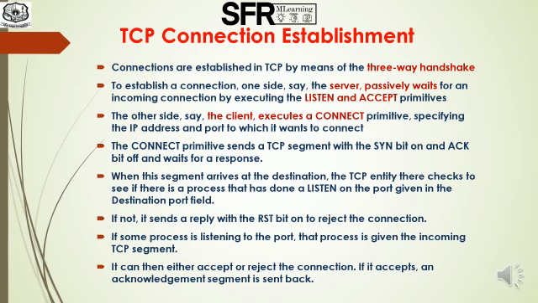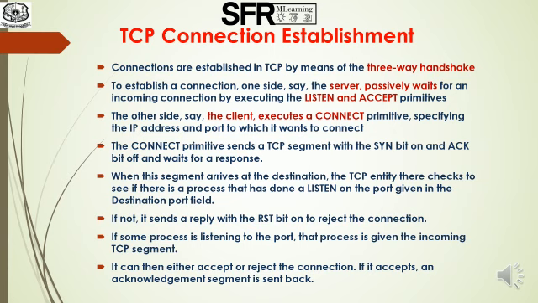When the connect primitive is executed by the client, it sends a TCP segment with the SYN bit on and the acknowledgement bit off to the server and waits for the response. If there is a server with a listen primitive, then that connection can be immediately accepted by using the accept primitive, or otherwise the connection can be rejected using the RST bit. So the connection can be either accepted or rejected.